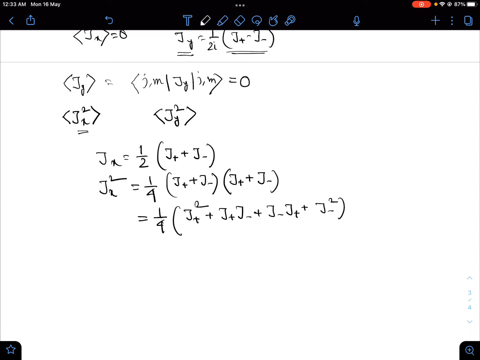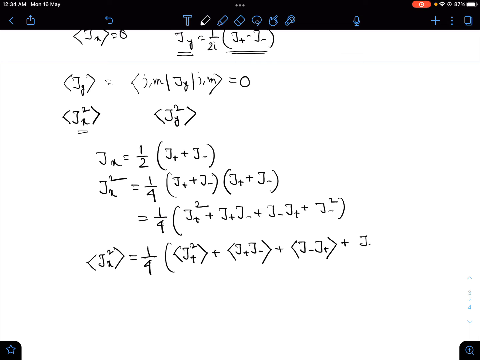So if we want to take the expectation value of Jx squared, so what will be the value? It will be 1/4 J plus squared expectation value plus J plus J minus expectation value plus J minus J plus expectation value plus J minus squared expectation value.